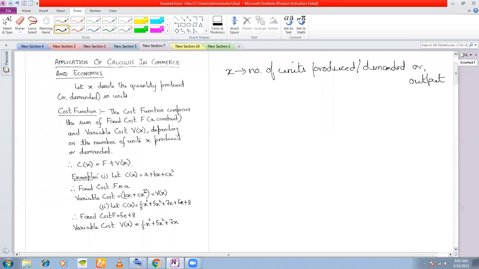You produce as much as you have an order, right? Suppose you have an order of 50 units, you will only produce 50 units. So that is why it is called number of units demanded, or simply output.